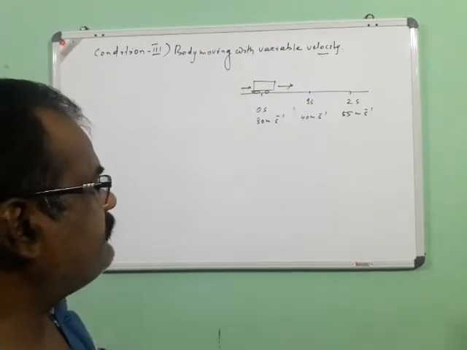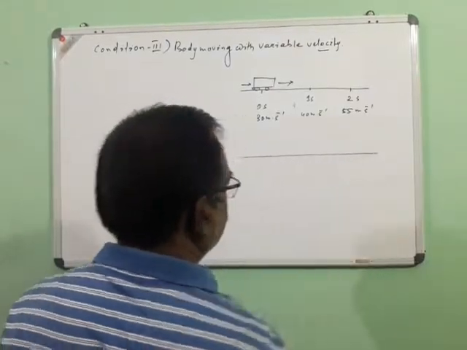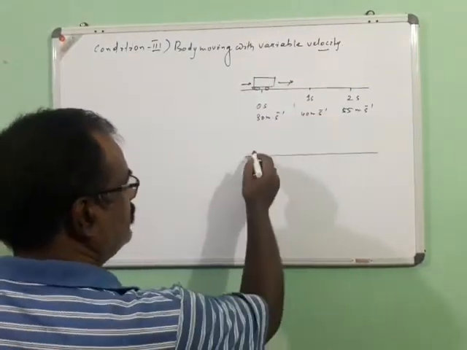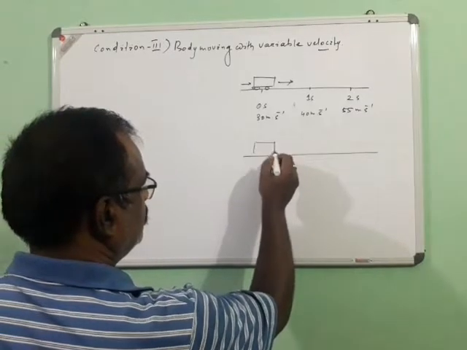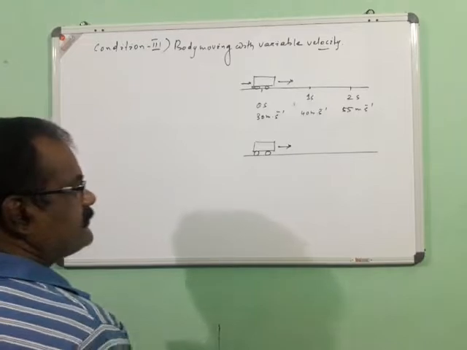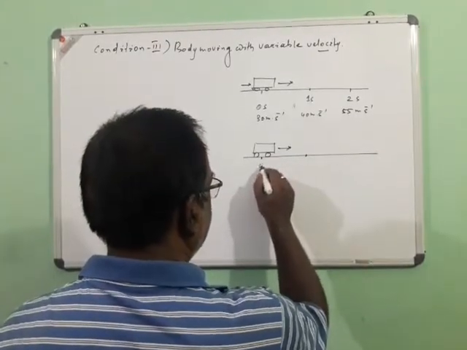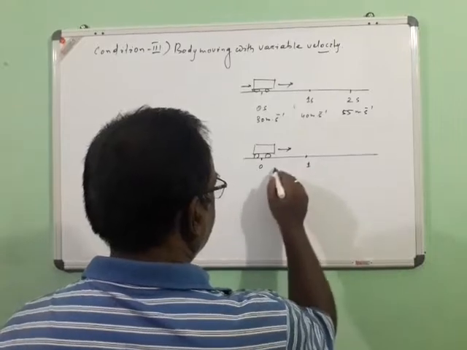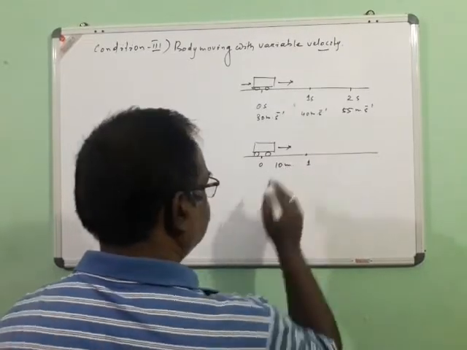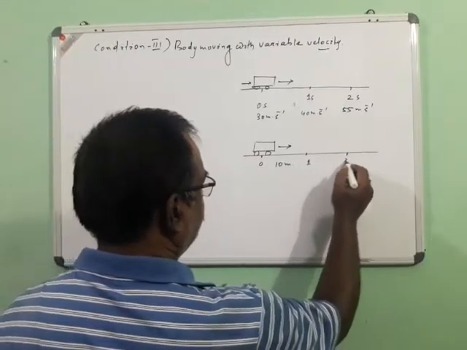So in case of a displacement-time graph, so far as the displacement is concerned, consider that the body is moving with a certain displacement from 0 seconds to 1 second. Suppose the body displaces 10 meter.